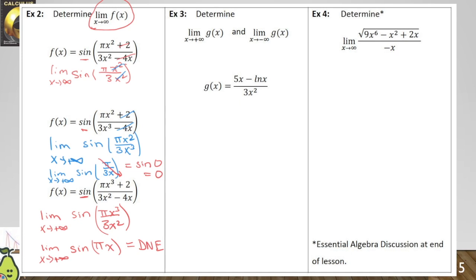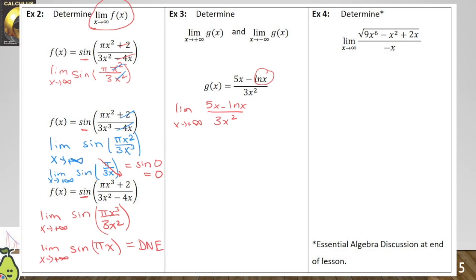Now when we look at example 3, we're told that we're looking for the limit as x goes to infinity for g of x and negative infinity. So it's actually 2 for 1. We want the limit as x goes to positive infinity, looking at the right tail again. And notice we have a natural log in here. That makes things way more interesting. So we have 5x minus the natural log of x. So I think the real question is, which term is the lower order term?